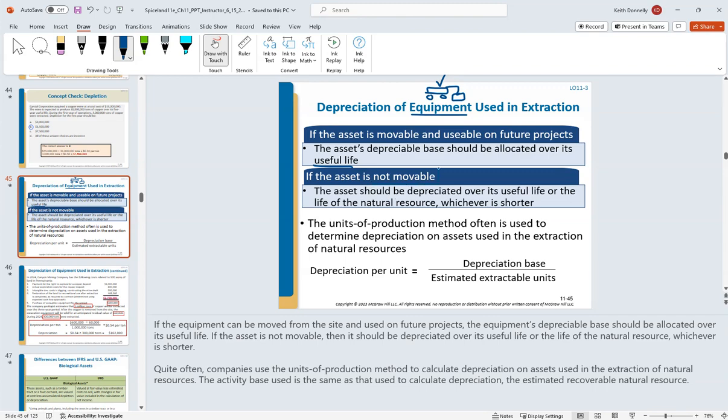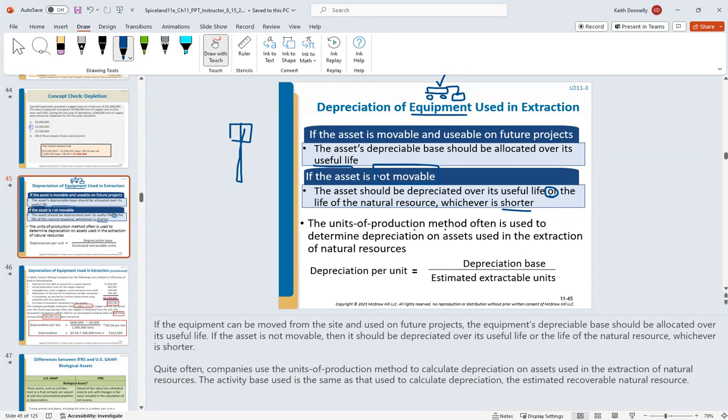However, if the asset is not movable, maybe we buy some drilling mechanism going into the ground and we can't move it, then we're going to depreciate it over its useful life or the life of the natural resource, whatever is shorter.